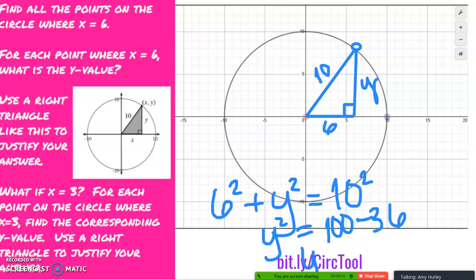So y squared is 64. Which means y is, when you square root 64, you could get 8 or you could get negative 8. And of course we knew that that's what we were going to get already. But like I said, if it's not on a lattice point, you're not going to know. You're going to need to do this math.